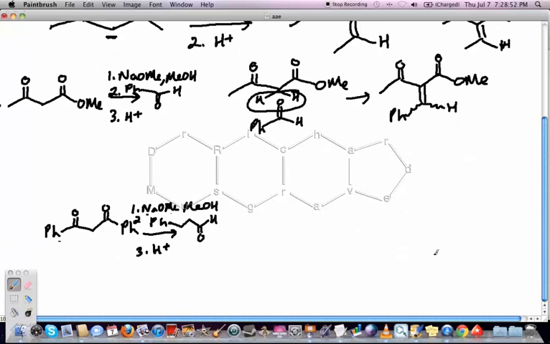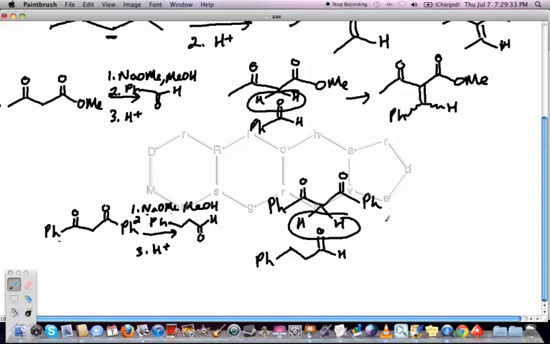I'll show you one more example. And again, we know that the two hydrogens will come from the dicarbonyl compound. And here we've got another aldehyde or ketone, in this case an aldehyde. And you can see that we do have the possibility of having another set of alpha hydrogens here, but these alpha hydrogens are nowhere near as acidic as these here.